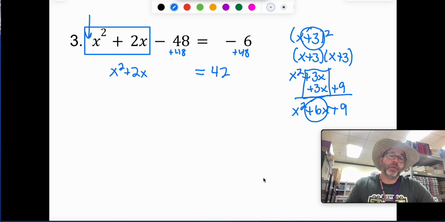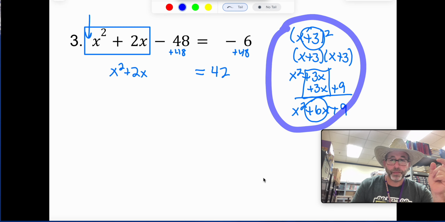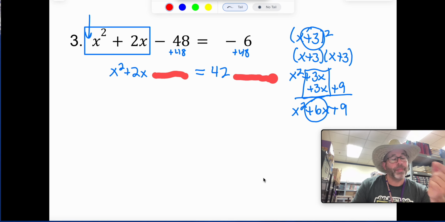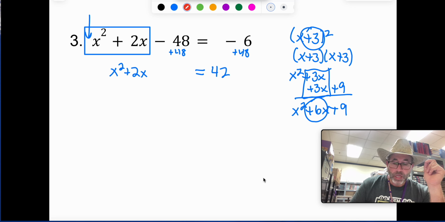So to complete the square and make this into what we call a perfect square trinomial, which is what this example here is on the right side. This is a perfect square trinomial. What you have to do is find a number that's going to go in this spot here, and whatever we add to it, we're going to balance it by doing the same thing to both sides. How do we do that? Well, what we're going to do is we're going to look at this term right here.